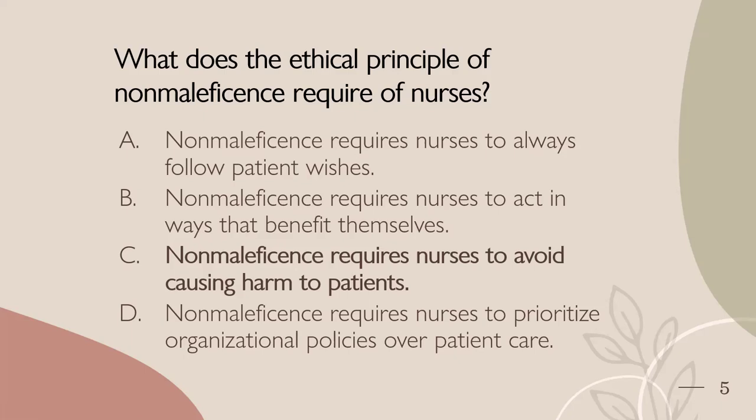So to be more specific, non-malfeasance requires the nurse to avoid causing harm to patients. We'll give you some more specific examples later on, but just know that non-malfeasance requires the nurse to avoid causing harm to the patient. So if you have an order where the dose of that medication is higher than normal or lower than normal. Okay, we have all the components there.